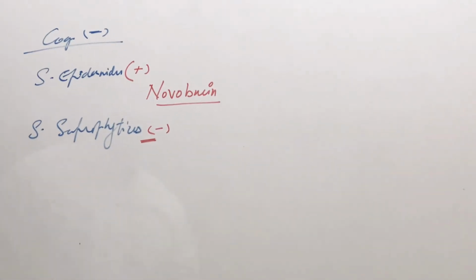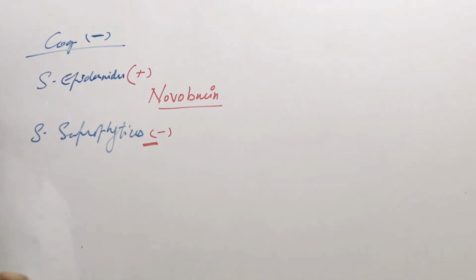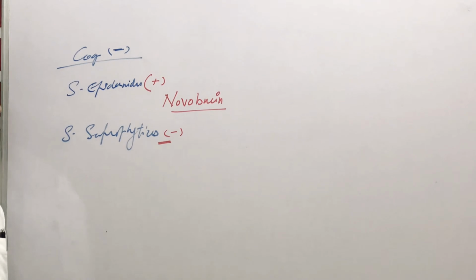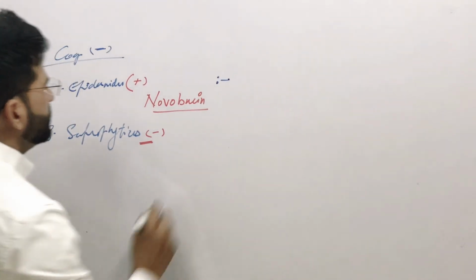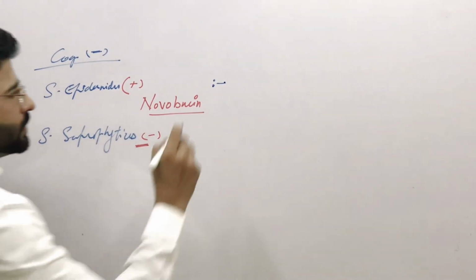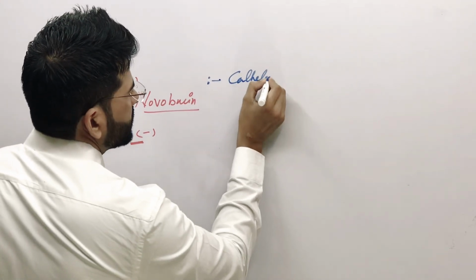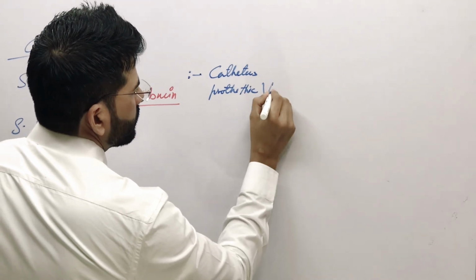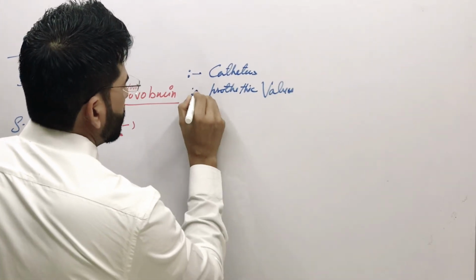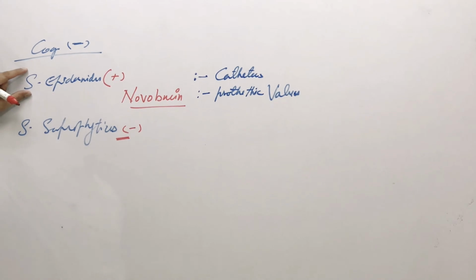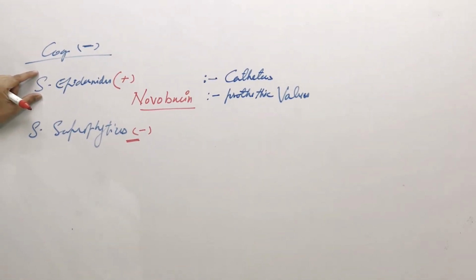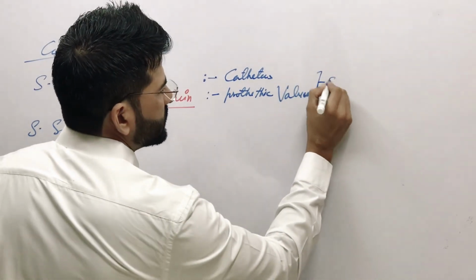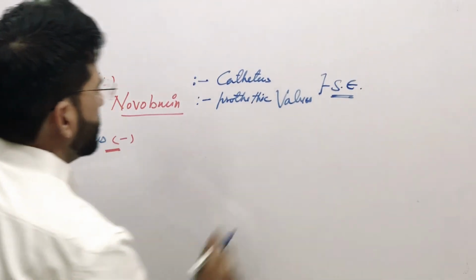What is Staphylococcus epidermidis doing? It is one of the most common organisms which resides in the skin. So it is very easy for the epidermidis to infect the catheters and prosthetic valves, so if there is any infection with the implant or with the catheter or with prosthetic valves, the most common organism is Staphylococcus epidermidis.